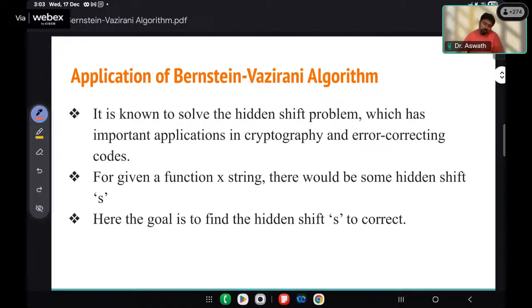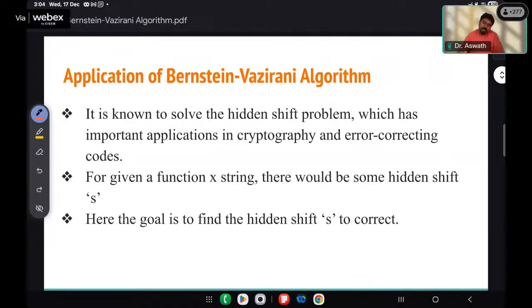Applications of Bernstein-Vazirani algorithm, BV algorithm in short. It is known to solve a hidden shift problem, which has important applications in cryptography and error correcting codes. Very important. What is the hidden shift problem? That we will see throughout today's session.